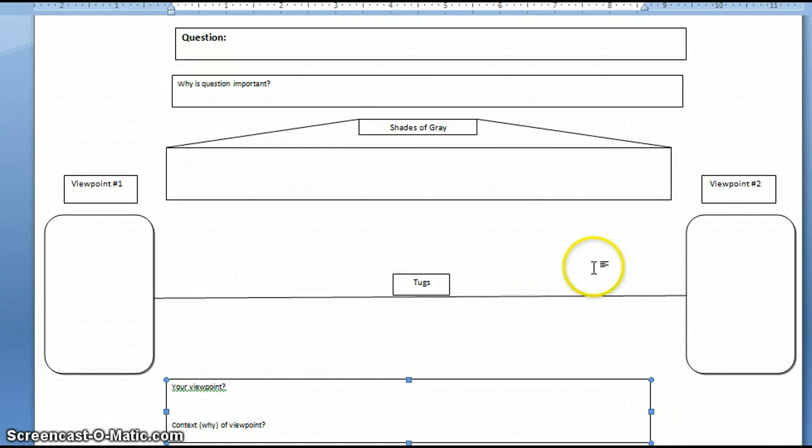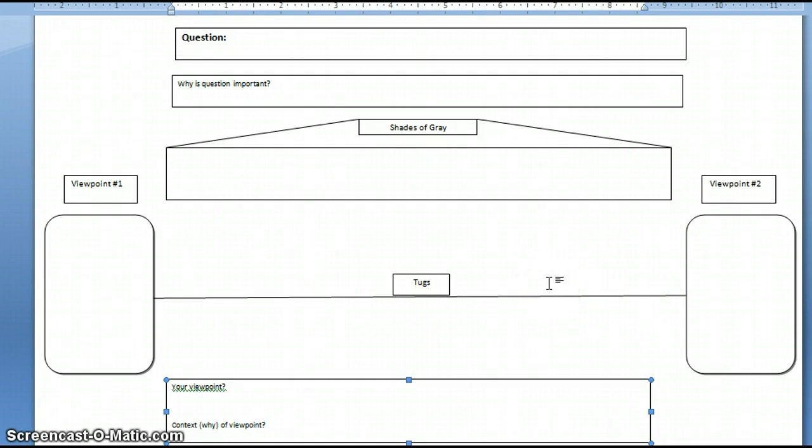So you also need to put tugs on this side. There may not be a tug that pulls you so strongly towards this viewpoint, but you need to have a list of tugs on this side of the tug of war. So any tugs that pull you towards this viewpoint, you need to have listed also.